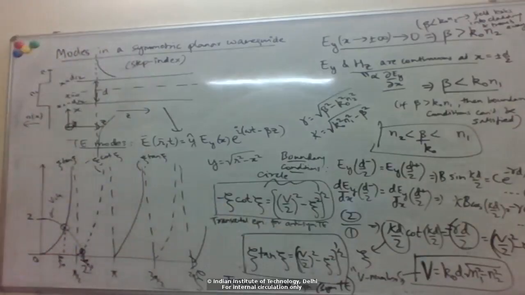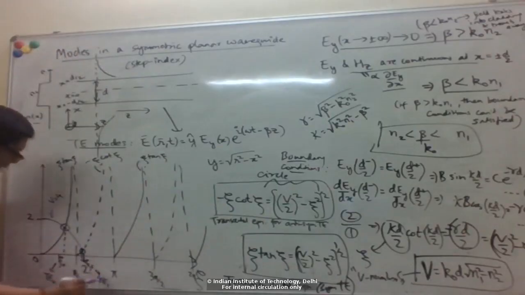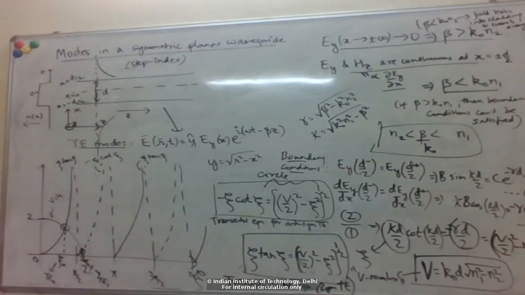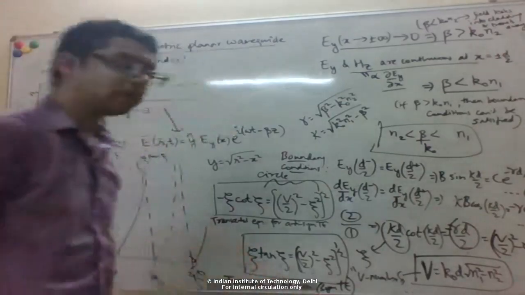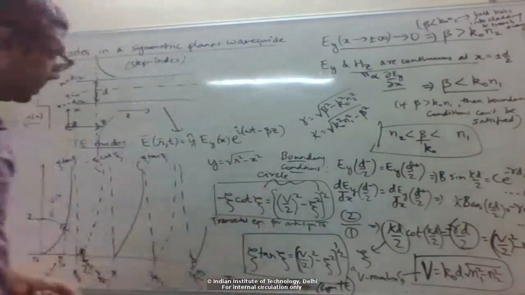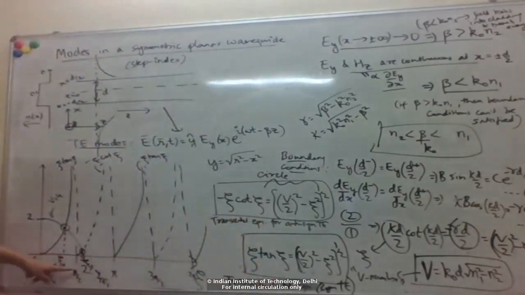Zeta 0 corresponds to the symmetric TE mode, and I've denoted the subscript 0 for a reason. This is called the TE0 mode, and this would be the TE1 mode. If the subscript is even, then it's a symmetric TE mode. If it's odd, then it's an anti-symmetric mode. For V equal to 4, we see that we get only 2 intersections, so 2 modes.